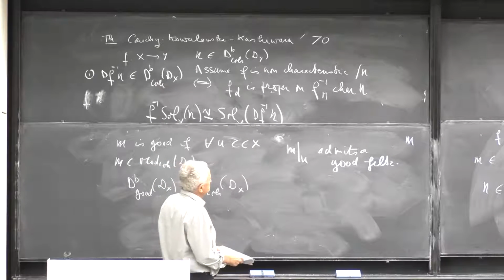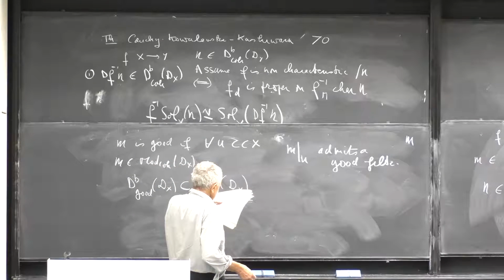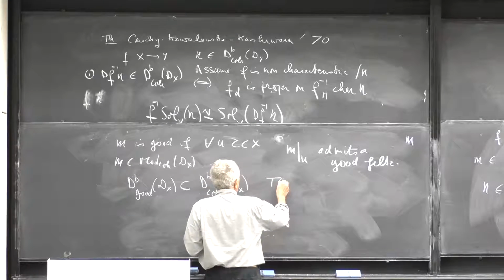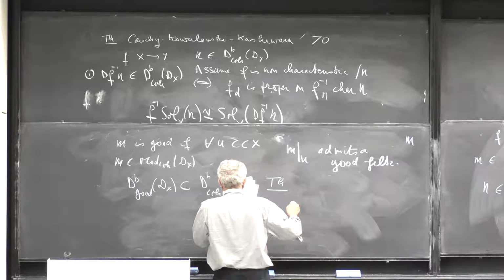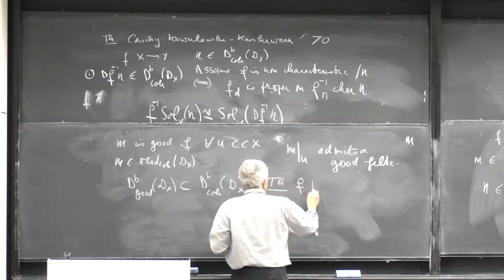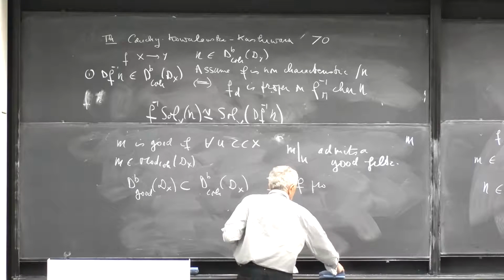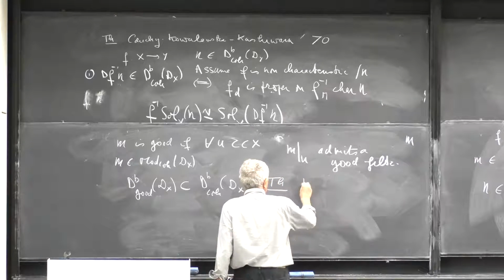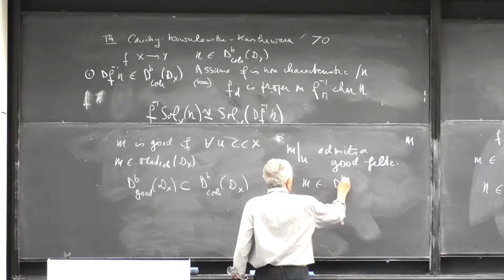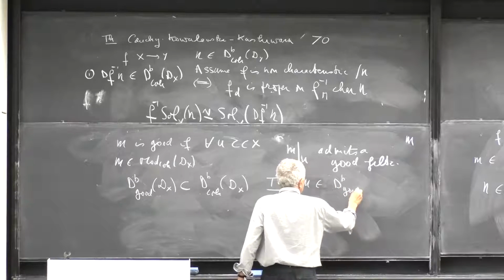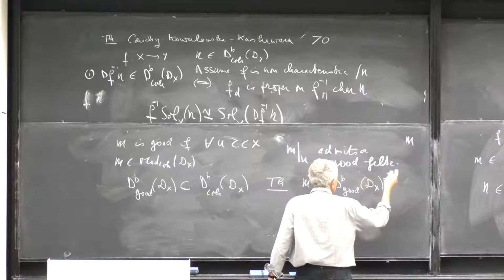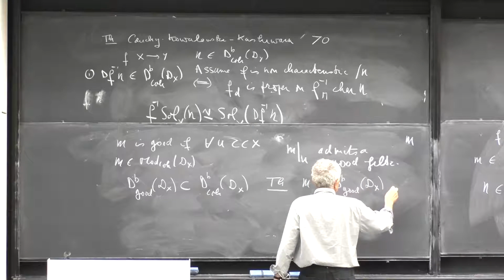Okay. And then it's necessary for the proof. So assume that f is proper. So we have M which is good on X. So right and left is not important.